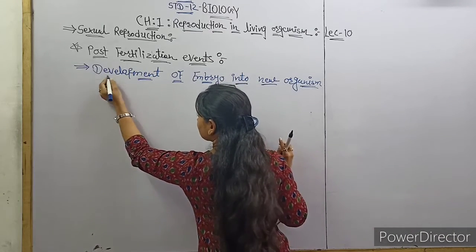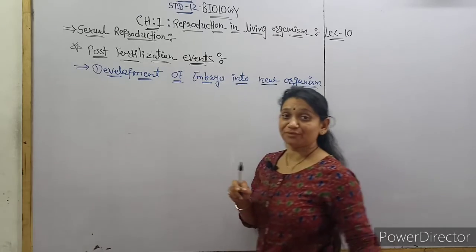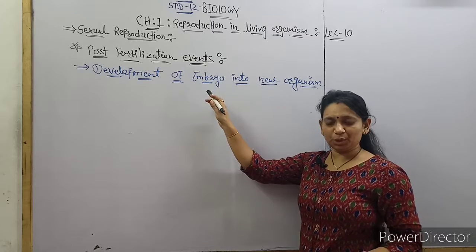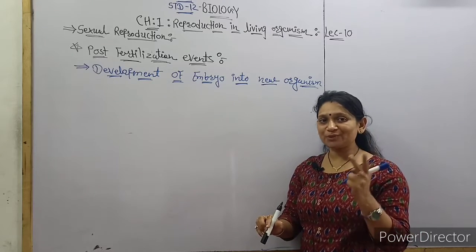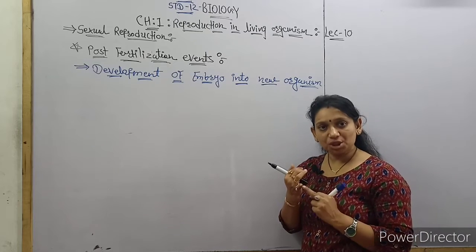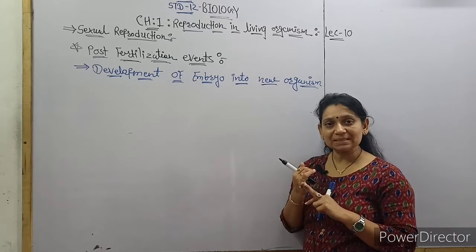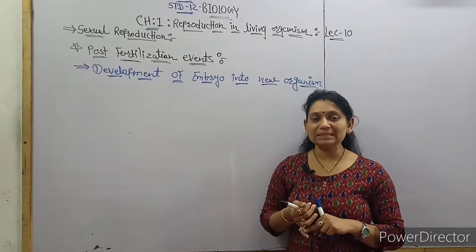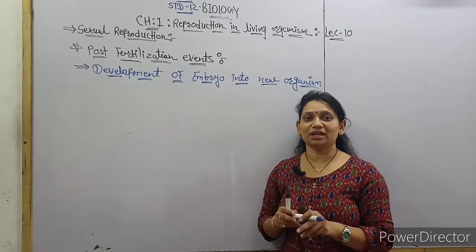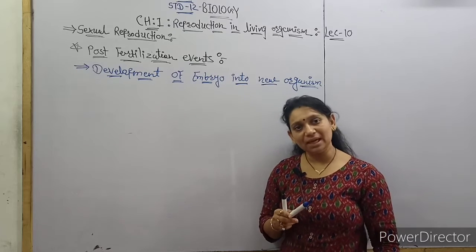Now in our last session we saw with the help of the chart that after the formation of the embryo there are mainly two processes, differentiation and organogenesis. These are the two processes, and as a result a new organism develops from the embryo.